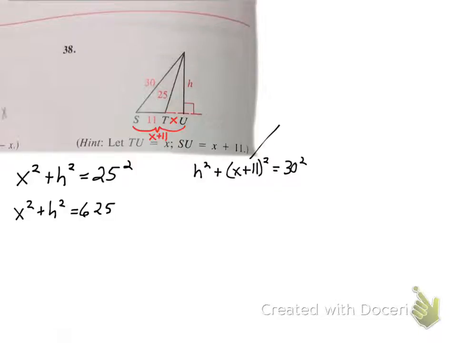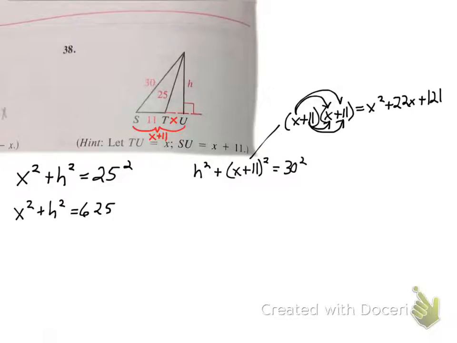Just real quick, let's do the math on x plus 11 times x plus 11. If I distribute, I come up with x squared plus 11x plus another 11x, so that's 22x, and finally 11 times 11 is 121.